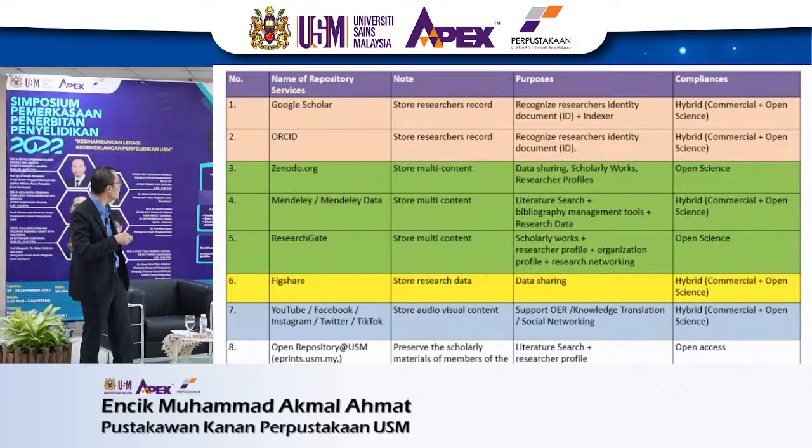ORCID can function as a single sign-on for other services, for other website services. Okay, I will show you later. However, it supports the compliance practices. When you do your research, it functions as a commercialization of your profile as a researcher, as well as open science. The next one is Zenodo.